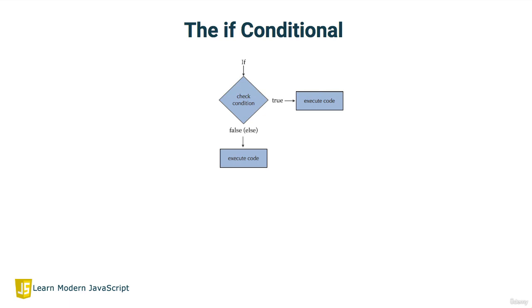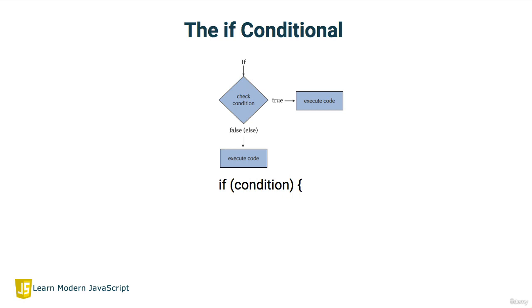Let's look at how that is structured inside of JavaScript. As I mentioned, you begin with the word if. That's a reserved word in JavaScript. You then enter parentheses, and inside of the parentheses you express the condition. This is the condition that it's going to evaluate.